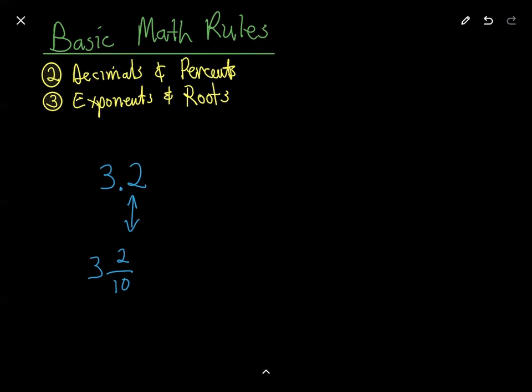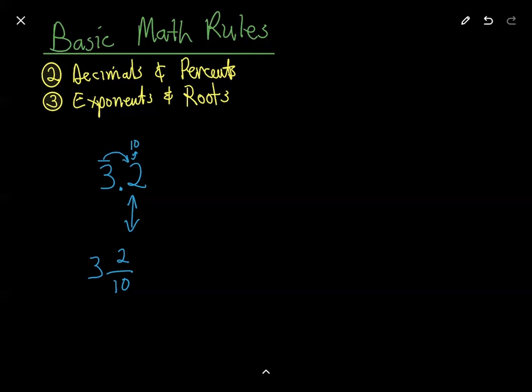The first number to the right of the decimal place is actually in the 10th place. And so that can be written as 3 2/10. It's pretty basic.